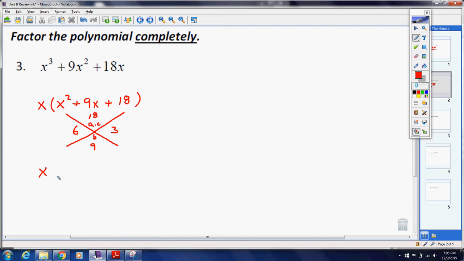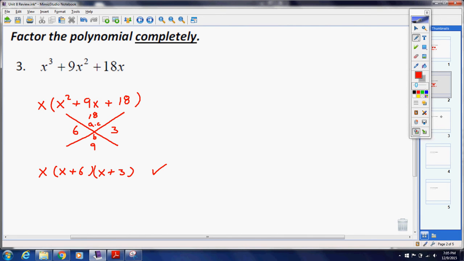And let's not forget the factor we factored out originally. The two factors for this trinomial are x plus 6 and x plus 3. So there we have it, factored completely: x times x plus 6 times x plus 3.